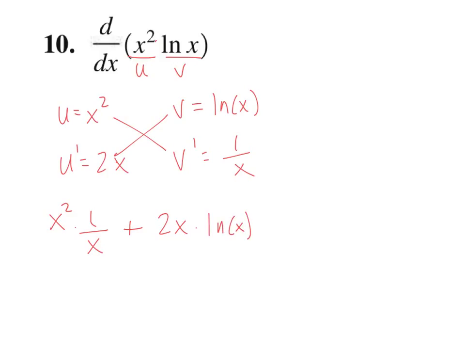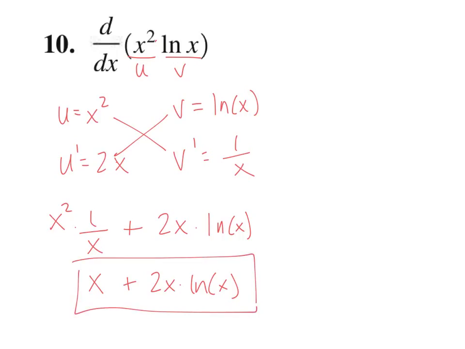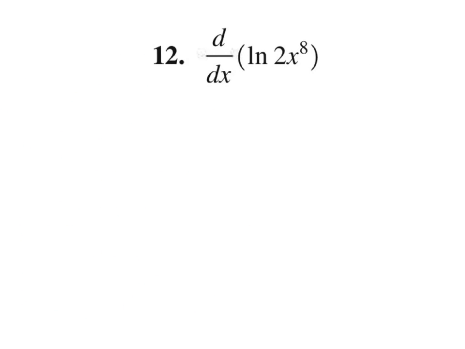And so as a result, x squared over x simplifies out to just an x plus 2x times the natural log of x. And this is my derivative. All right, let's take a look at another one.